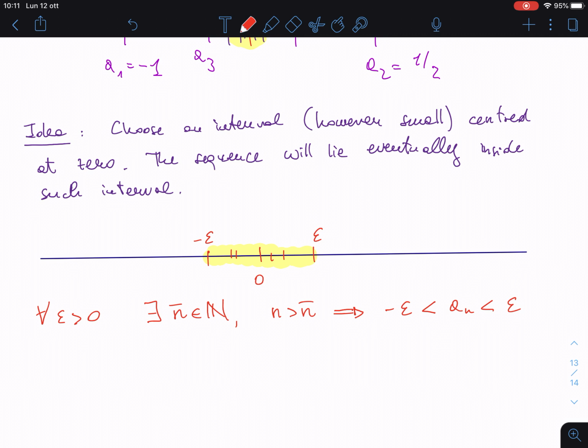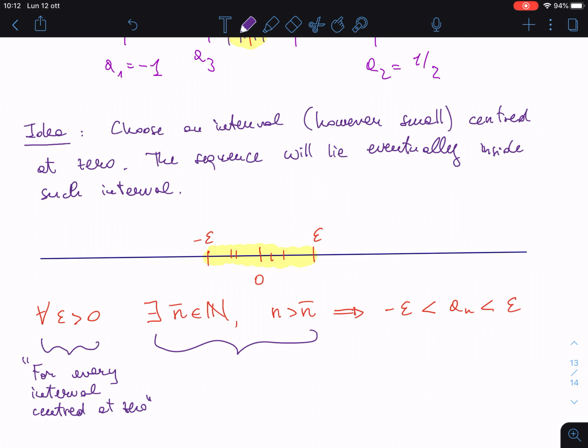Okay? This is the definition, and so let us explain. For every epsilon larger than 0, this translates to for every interval centered at 0. There exists n bar in N such that for every natural n larger than n bar, this means eventually. Okay?